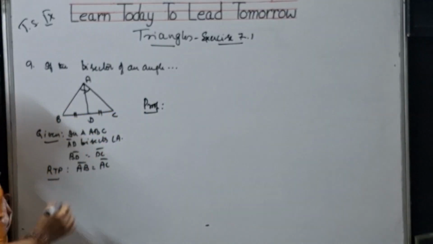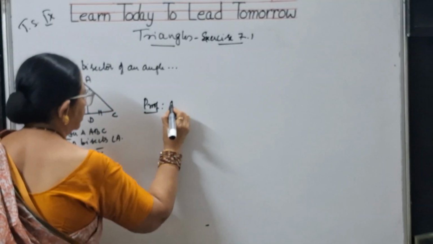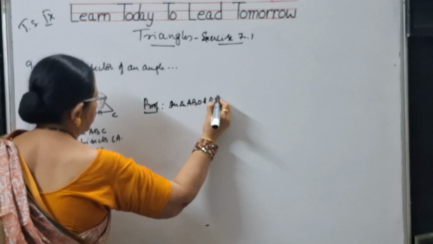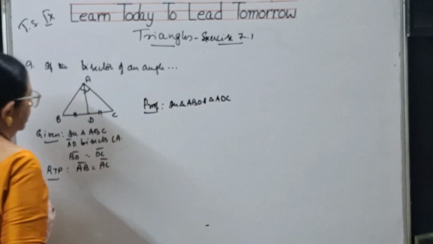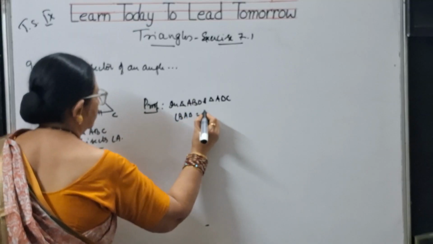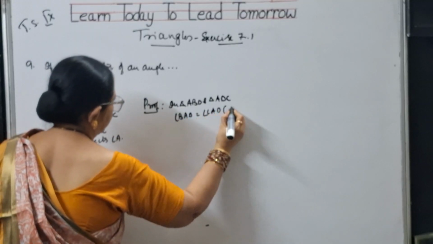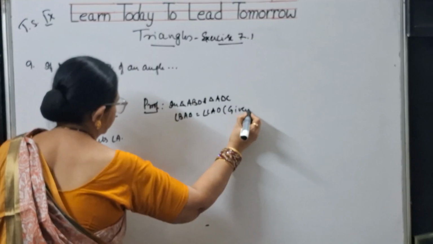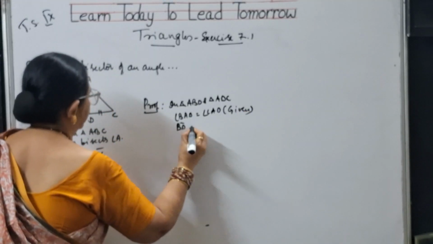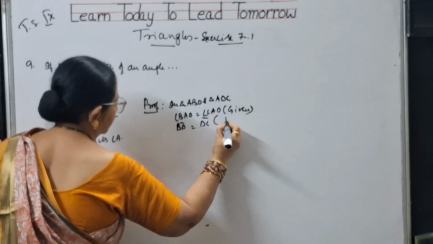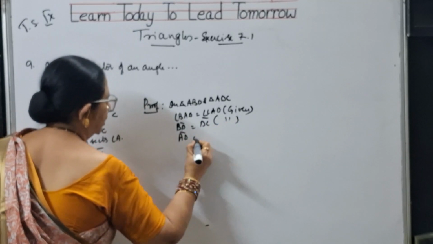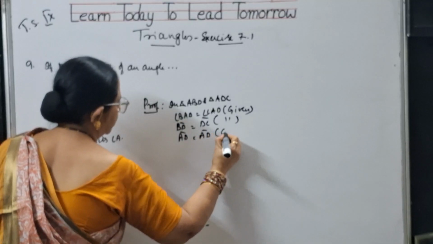Now because of this, you are getting two triangles, children. In triangle ABD and triangle ADC, in these two triangles, angle BAD is equal to angle CAD. This is given to us, bisector they said, and BD is equal to DC. This is also given to us, and AD is equal to AD.